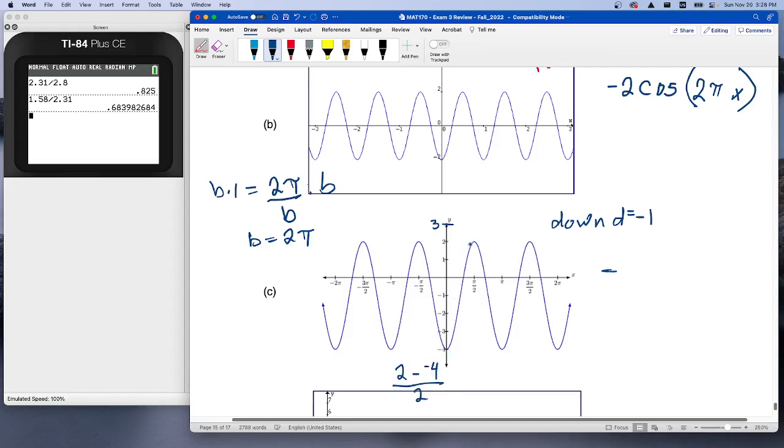So it's halfway between the top and bottom of the wave. That's 6 divided by 2, which is 3. 3 is our amplitude, which is the number in front. So we're going to go with the minus 3 cosine.